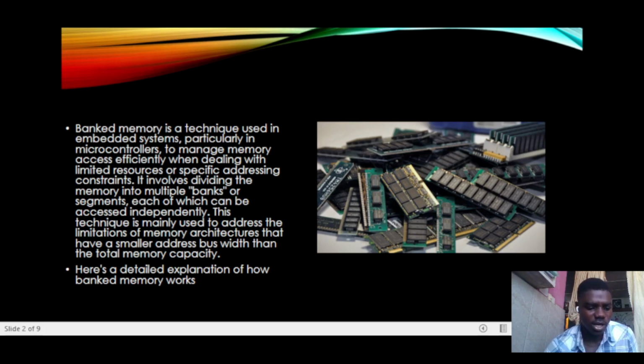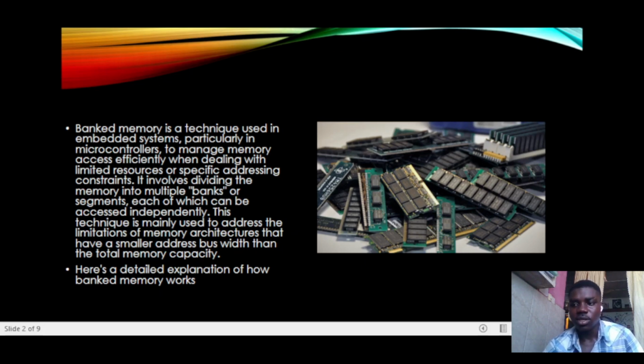There are 16-bit address bars, there's 32-bit, and there's 64-bit. And these sizes determine how fast or how much data the address bars in particular can transfer to the memory location.